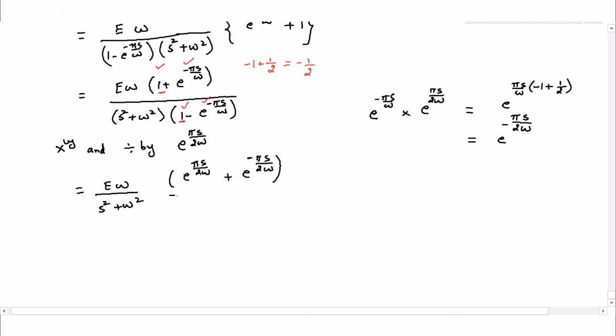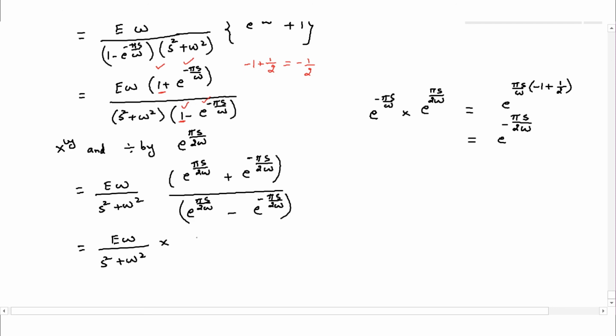This whole divided by the denominator, all the same thing. I need to multiply this by e power of pi s by 2 omega, minus the same thing you are doing in the denominator also. You will be getting e power of minus pi s by 2 omega. So that's the expression you will be getting. If you observe this particular result, the expression is equal to e omega divided by s square plus omega square.